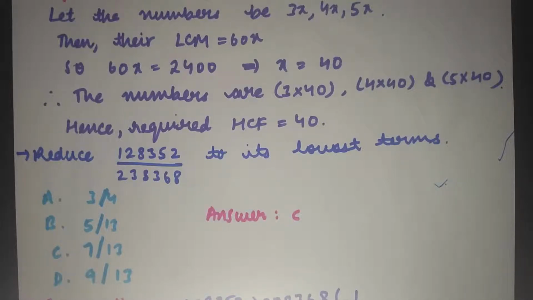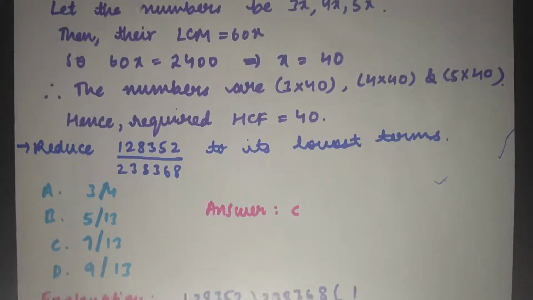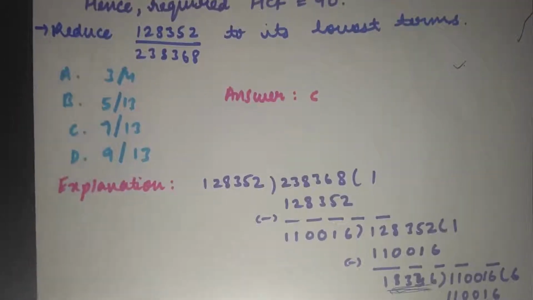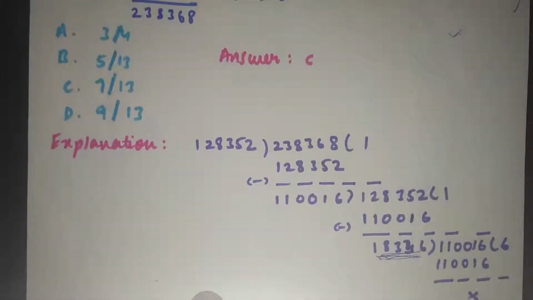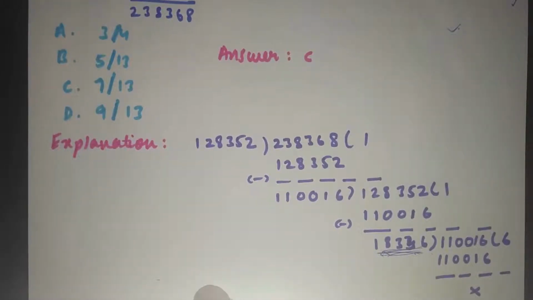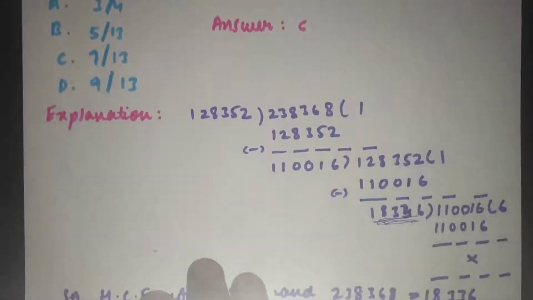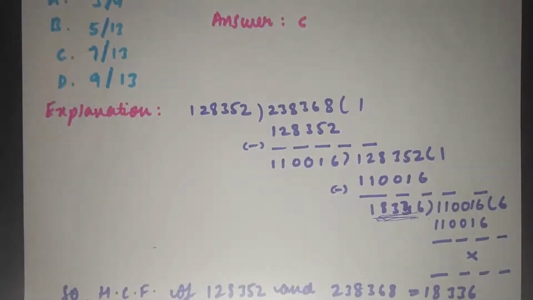So to find the HCF, we are going to use a basic technique, which is dividing the denominator by the numerator, and continuing until we get 0. The last divisor is going to be the HCF of the two numbers, that is the numerator and denominator.